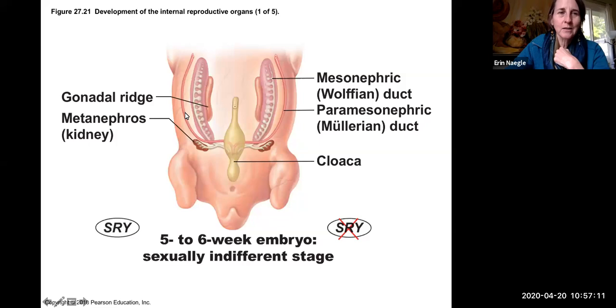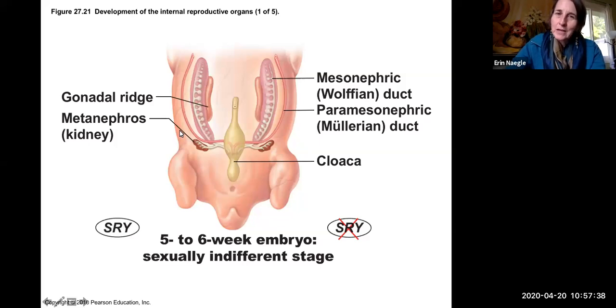But these 2 ducts are what we're going to be talking about over the next few slides and what happens to them. Only one of these ducts will develop in each individual, and the other is going to disintegrate and atrophy and die off. And which duct develops depends on whether you're going to be male or female.